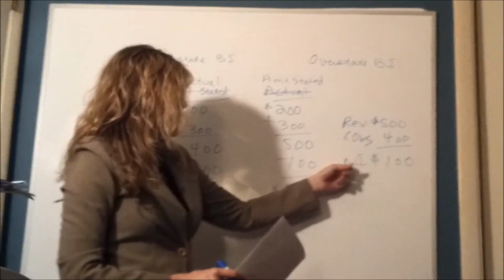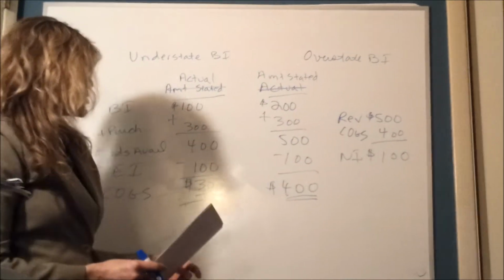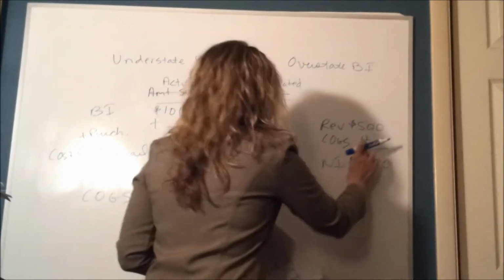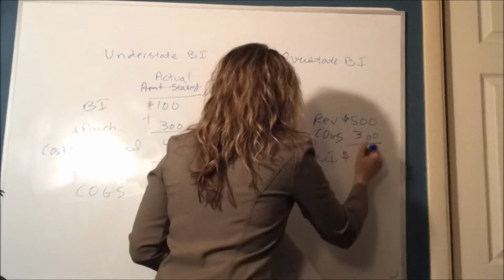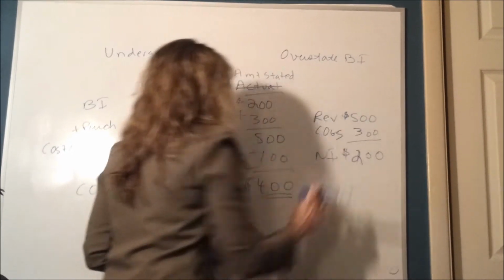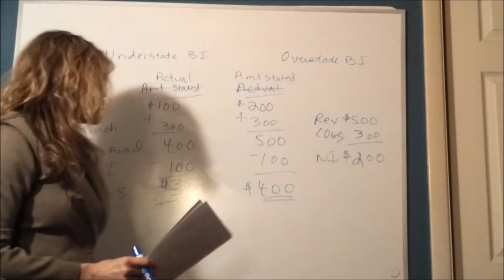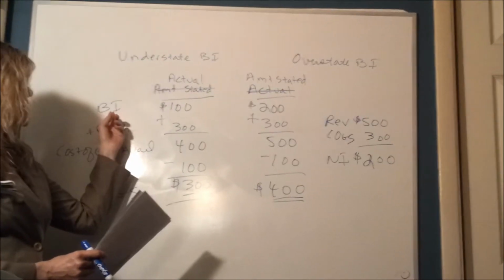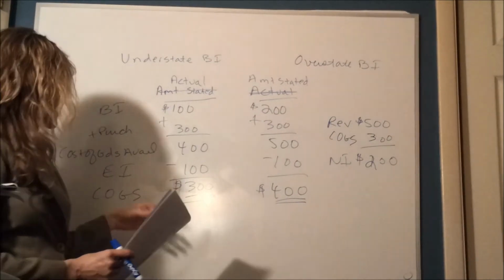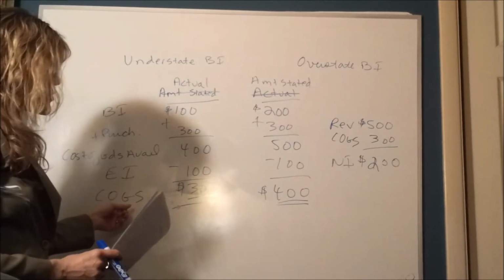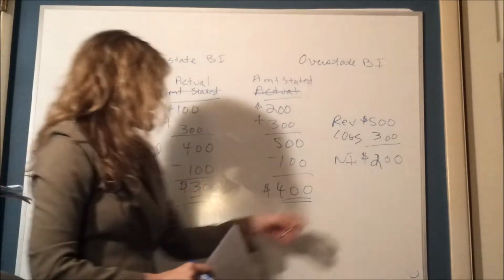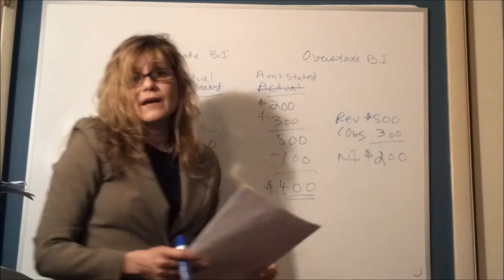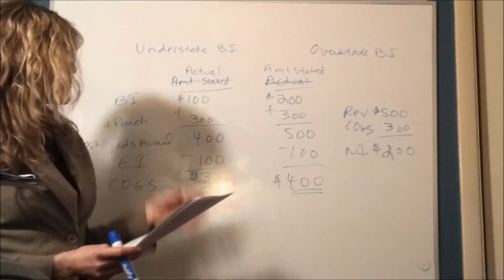So we have net income of 100 from our information, when in fact, our actual net income would have been 200 had we used the correct amount. So in this case, if we overstate our beginning inventory, we end up overstating cost of goods sold, and because we do that, we end up understating our net income. So those are the ramifications.